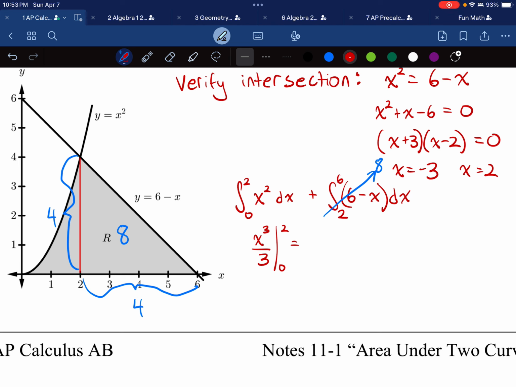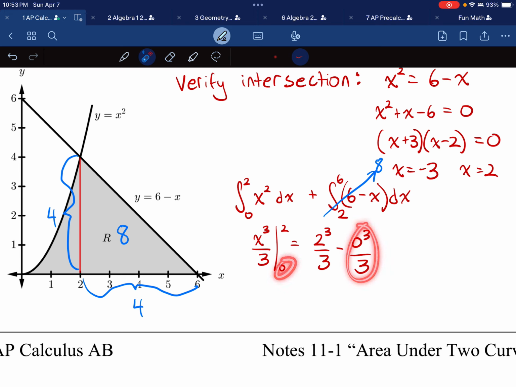All right, so let's expand this a little bit. I'm going to ignore this 8 for a second. So if I expand this, this is going to be 2 cubed over 3 minus 0 cubed over 3. And it's kind of silly to write the 0 cubed over 3 when I plug in the 0, because 0 to the power of 3 is 0, and then 0 divided by 3 is 0. This whole thing is just 0, which means I just kind of cross it out and say it's just 0.